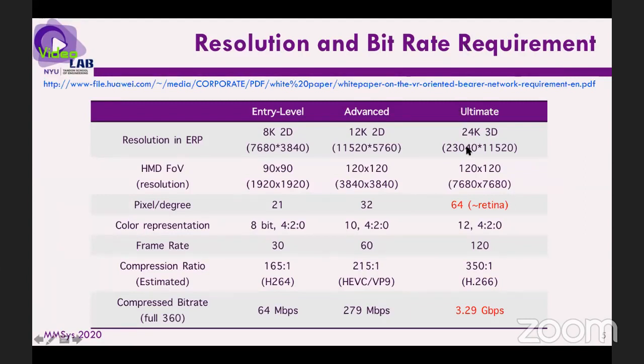And if we want to have a 3D experience, we will need a stereo pair that will double the resolution, double the bitrate. So even with significant compression promised by the next generation video coding standard, we will still be looking at over 3 gigabits per second.